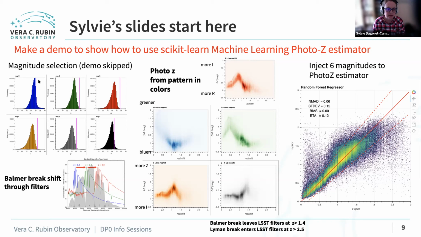So from these magnitudes, you know that you can build the colors, that is the difference between two nearby bands. And you have, with respect to the redshift, this feature for u minus g, g minus r, r minus i, i minus z, and z minus y versus the redshift. What you see is this kind of feature with a maximum.